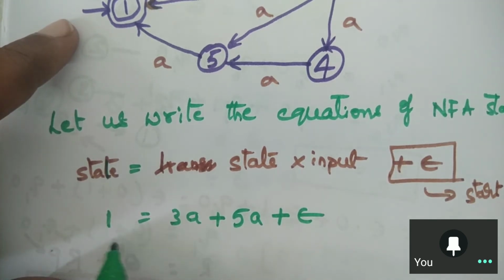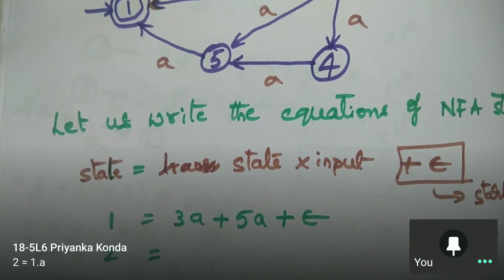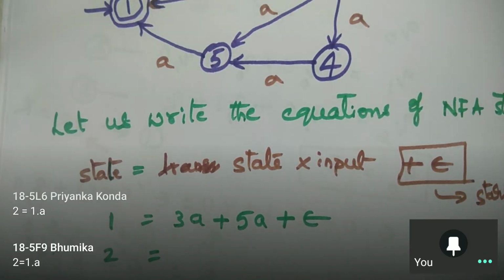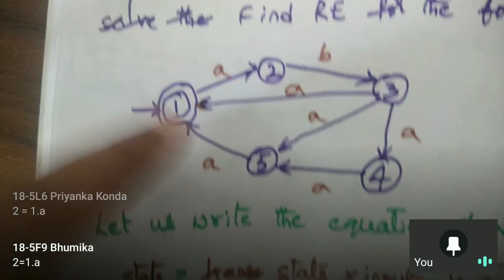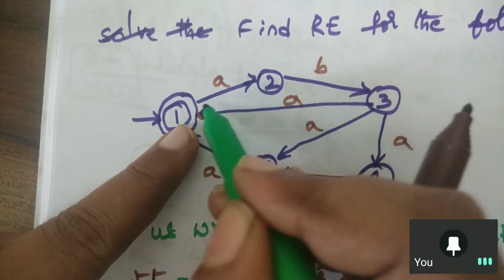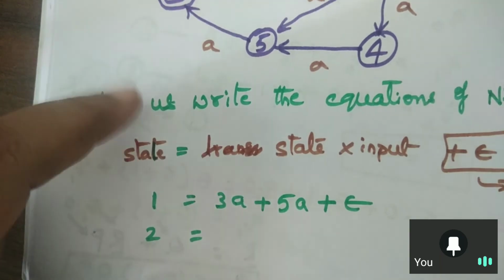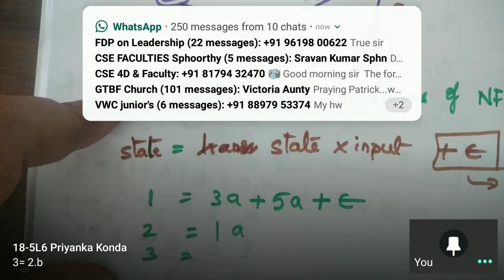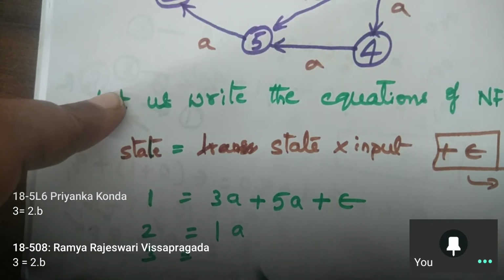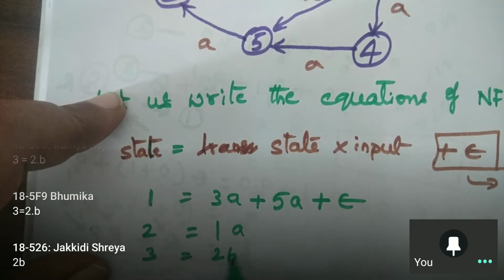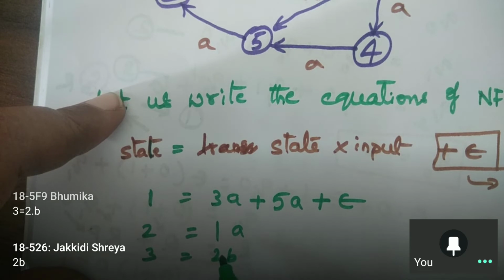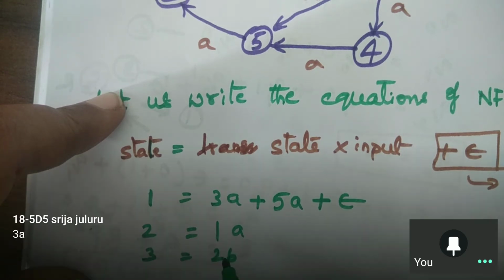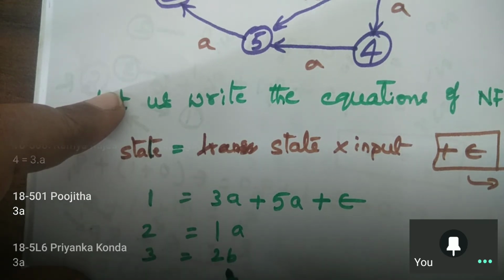Similarly, let us write for state 2. You tell me the equations. 2 is 1a. So for 2 I have only a single path, so we will write it as 1a. Only one incoming arc it has. Similarly 3. 3 is 2b. Yes, correct. What about 4? 4 is 3a.